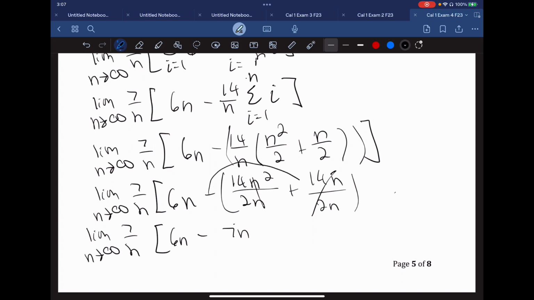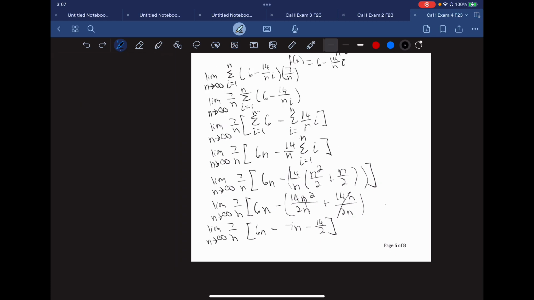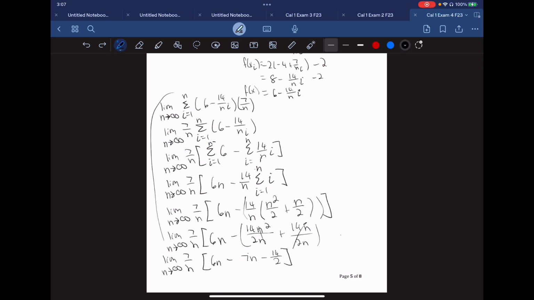And let's make sure we also distribute this subtraction sign here. And this is just going to be 14 over 2. Awesome. Now we want to distribute this 7 over n into the entire equation, right? So let's shrink all of this so that we have some more room to work with.